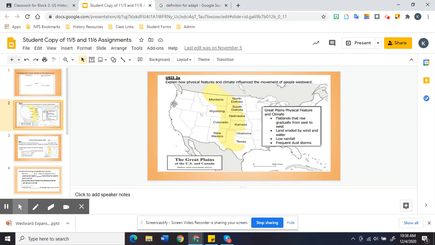And to get the fruit-bearing vegetables, like cucumbers, tomatoes, things like that, they require a lot of nutrients and a lot of water, which is the next thing. There's not a lot of rain. And there are frequent dust storms. If you haven't seen it, look up dust storms on YouTube and get a nice visual of what a dust storm is.